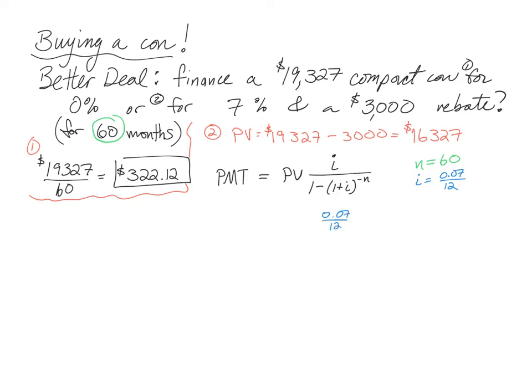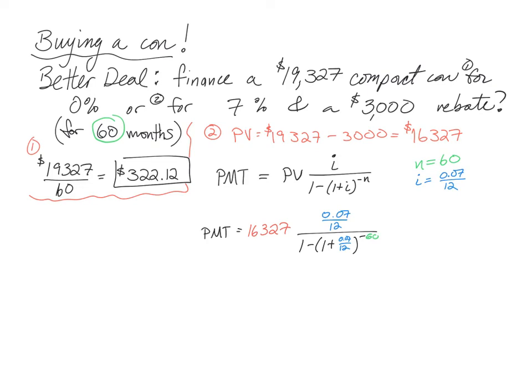0.07 over 12 divided by 1 minus 1 plus negative, let's see here, 0.07 over 12. We've got 60 here, and the payment, or rather the present value, is 16,327.